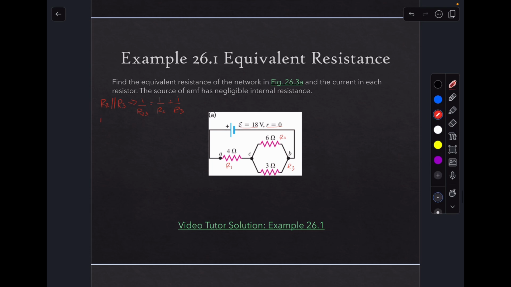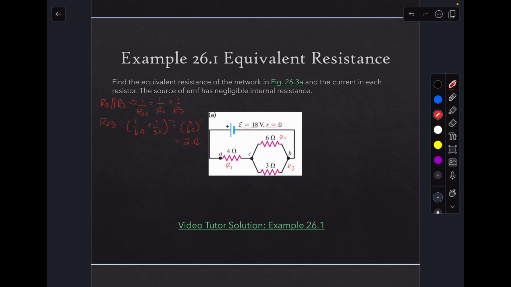And so therefore R23 is going to equal 1 over 6 plus 1 over 3, to the negative 1. 1 over 6 plus 1 over 3 ends up being 3 over 6, and inverting that, it equals 2 ohms.